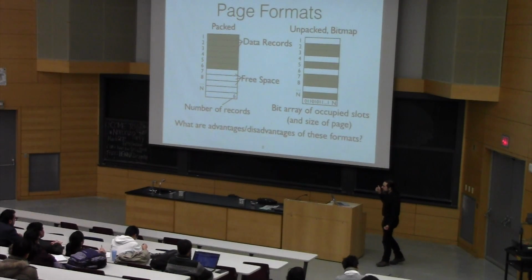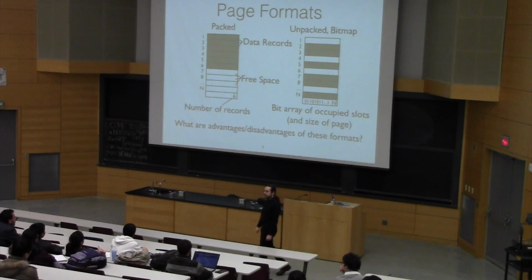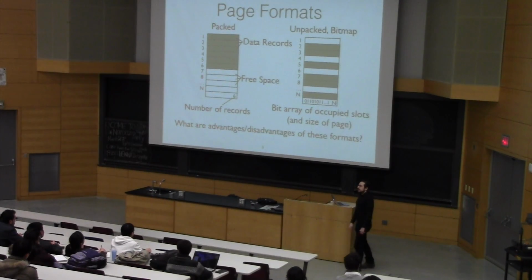Why might this be less than ideal? Speak up a little. Right, the immediate problem is that as soon as a record is deleted, we need to move things back into place.